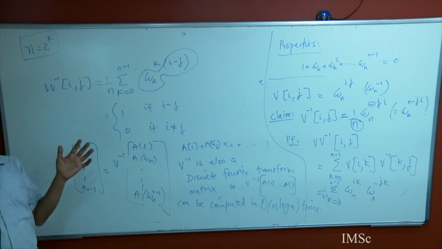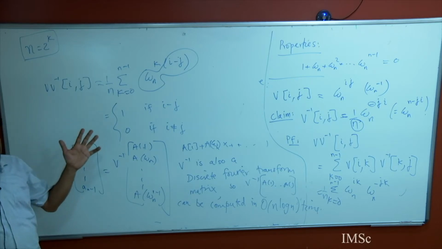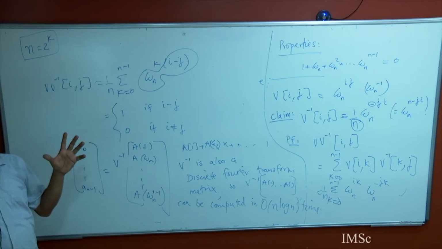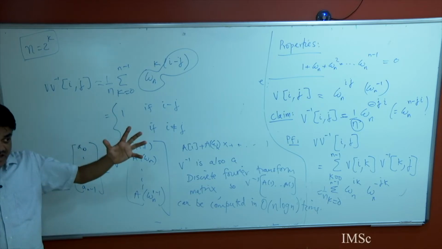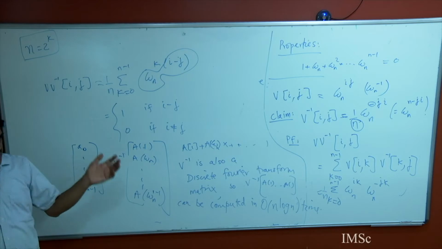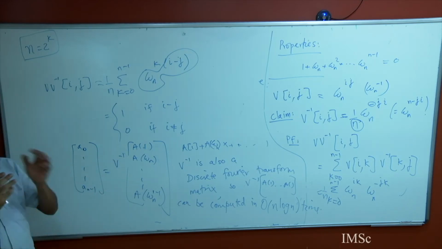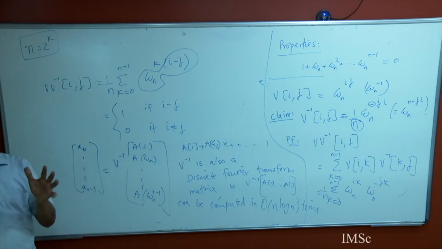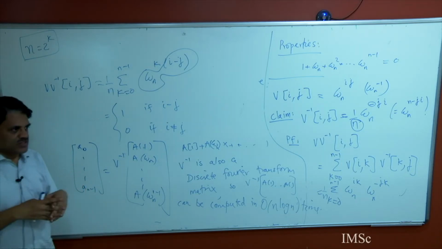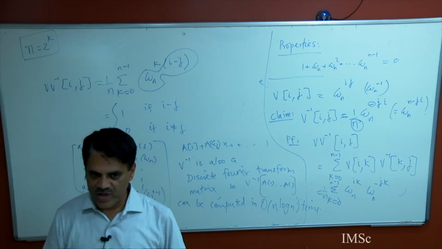You can take a large ring of integers modulo some large m, and you can argue that in that ring of integers you have complex nth roots of unity sitting in there, and work with that. So then it's actually integers, it's not really complex numbers, it's complex roots of unity in a large ring of integers.